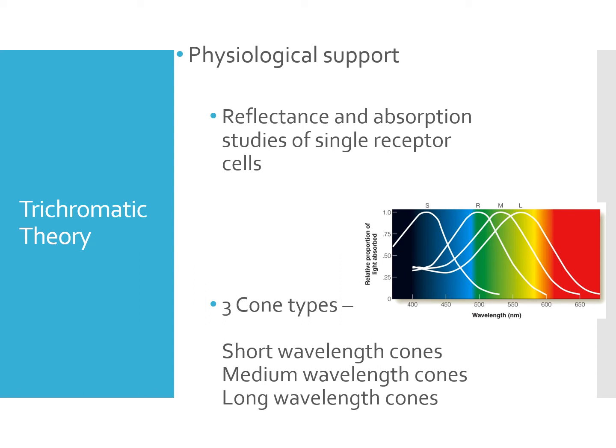Short wavelength cones that responded maximally at 419 nanometers, medium wavelength cones that absorbed maximally at 531 nanometers, and long wavelength cones that absorbed maximally at 558 nanometers. So 3 cone types, 3 color mechanisms.